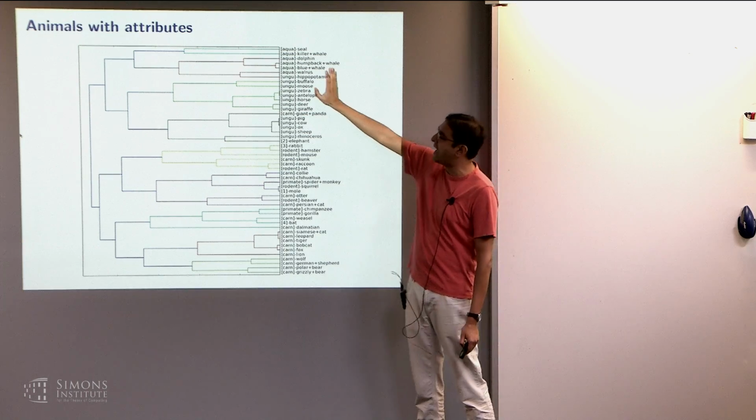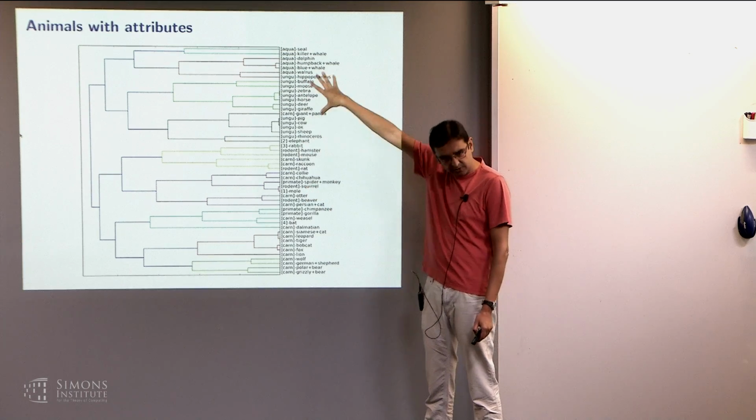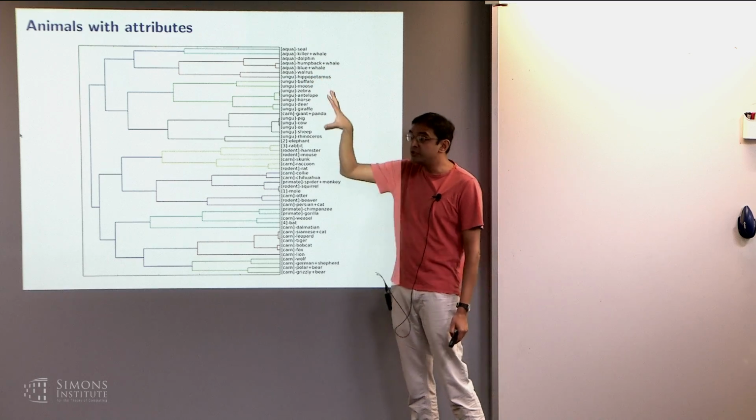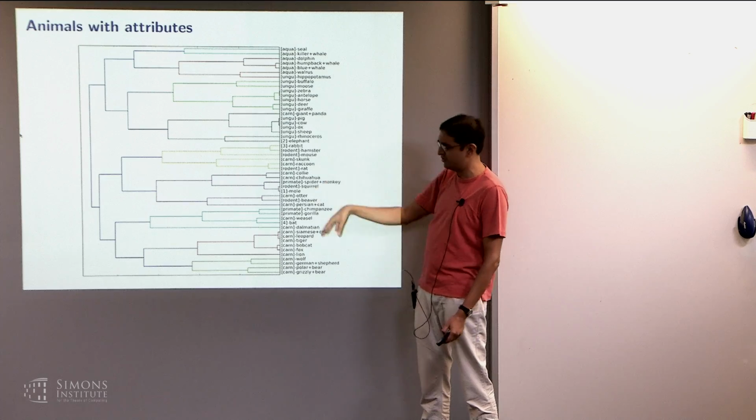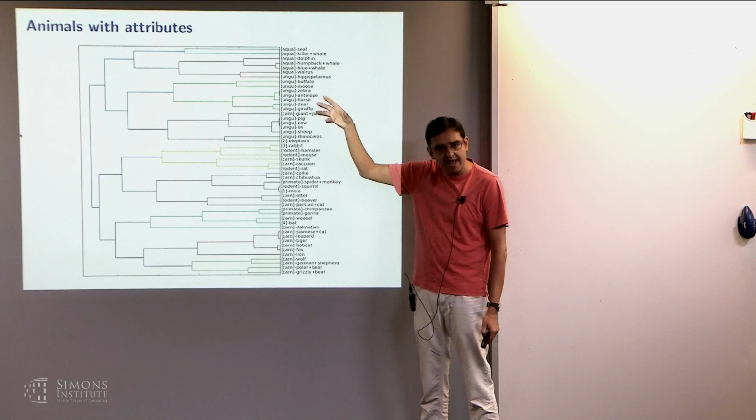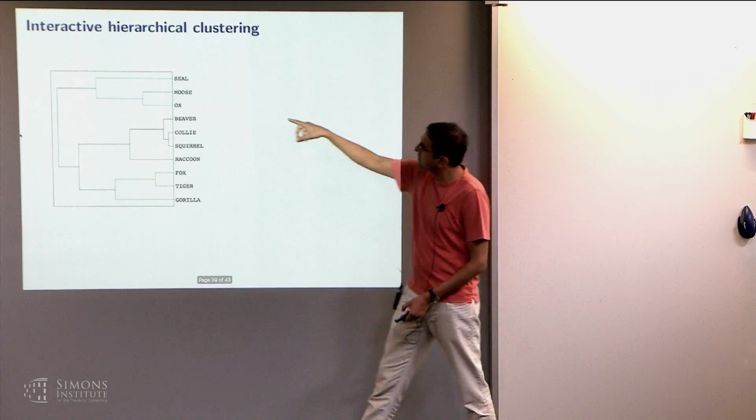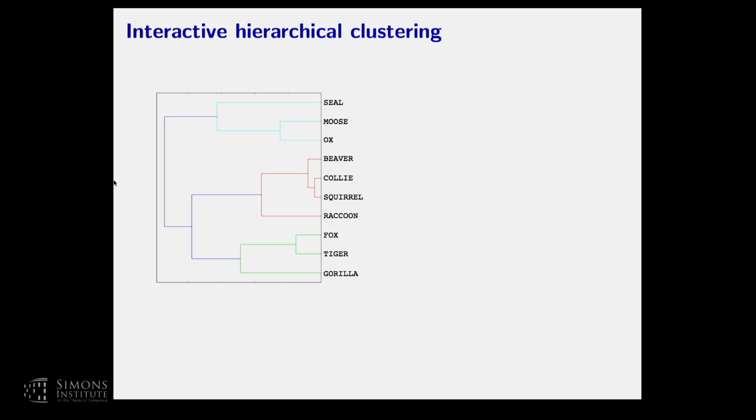On each round, you randomly pick 10 animals, and then you show the hierarchy restricted to those 10 animals, because the full tree is really too big to look at in one go. Then you ask the expert, which is not me, does this hierarchy look good?